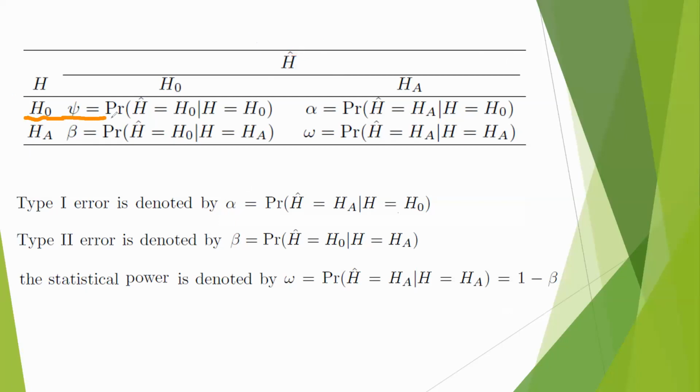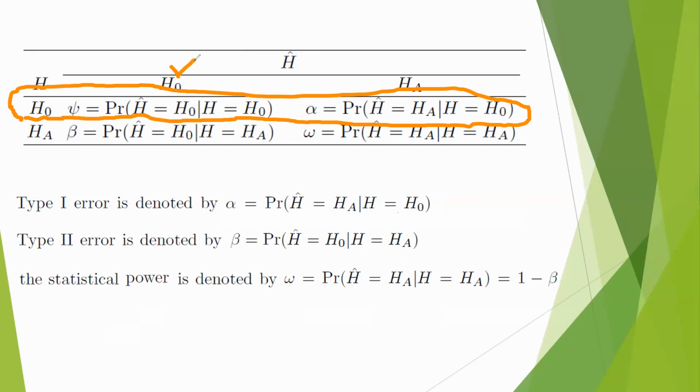Given the null hypothesis is true, you could either accept the null hypothesis, which is correct, so that's the probability associated with the correct decision, or you reject the null hypothesis. So this is an error. In this case, alpha equals the type 1 error.